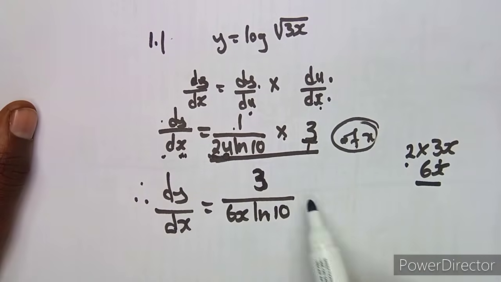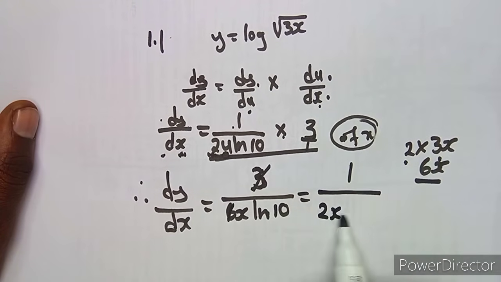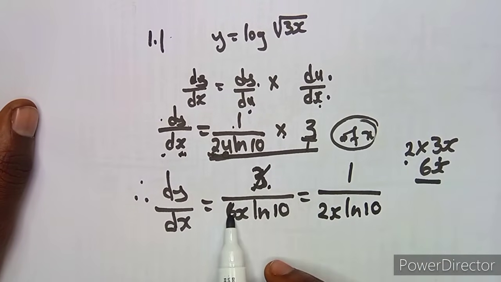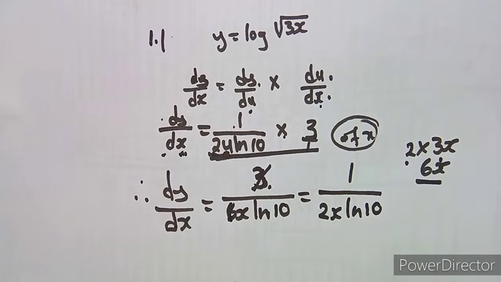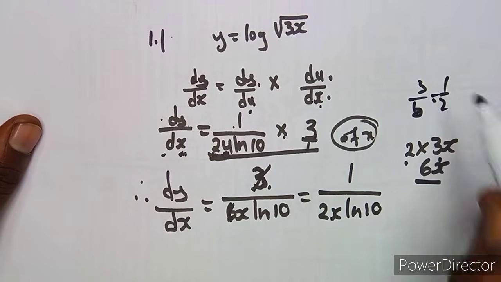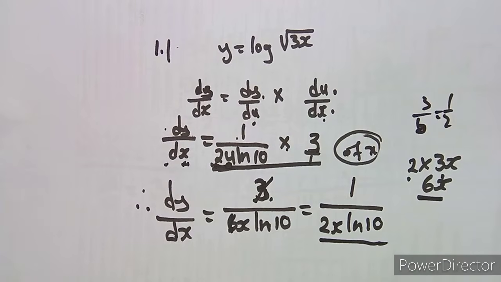Then we can reduce 3 and 6. From your calculator, 3 over 6, you're going to obtain 1 over 2. So it's going to be 1 over 2x ln 10. Like I said, someone can have the derivative of a log in a different manner, but that is what you're supposed to have, guys, for this one.